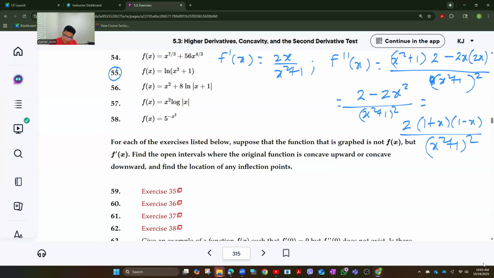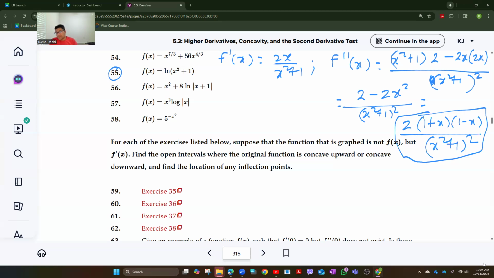When you look at the second derivative, a couple of things. From the previous problem, we know that the candidates for inflection are where the second derivative does not exist and where the second derivative is 0.